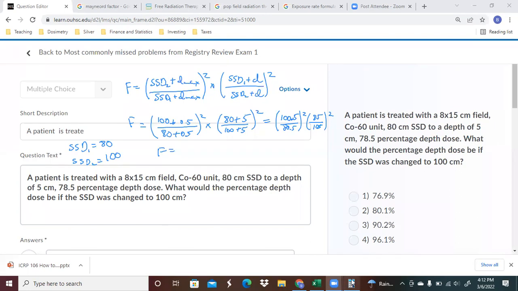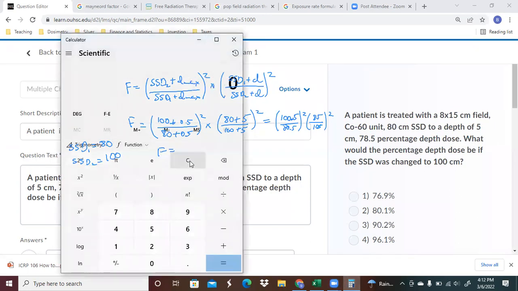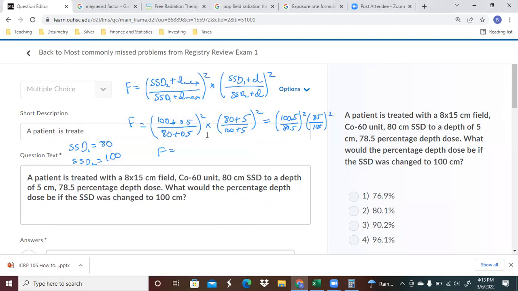Clear everything out. 100.5 divided by 80.5. The result will be squared, multiplied by 85 squared, divided by 105 squared. Okay, so 1.021.